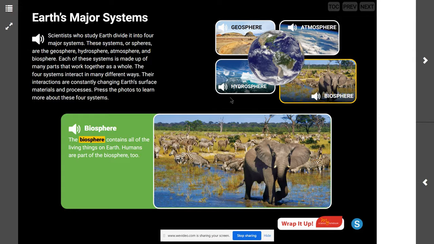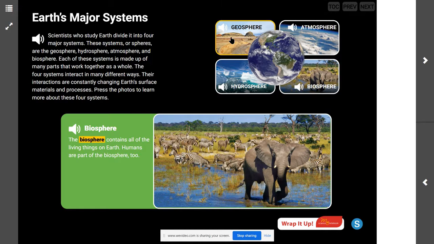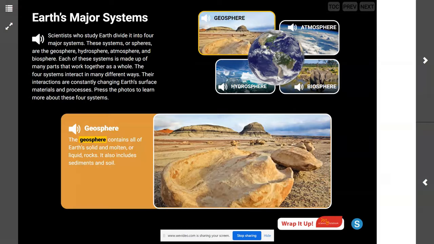In each of these systems, the prefix, the first part of the word, like bio, is going to help us understand what sphere this is talking about. These prefixes are from Greek, and they give us a clue about what we are studying. For example, in the geosphere, geo is from the Greek word meaning earth.